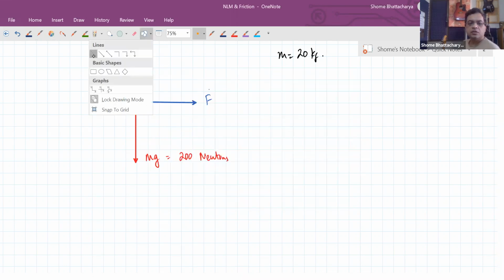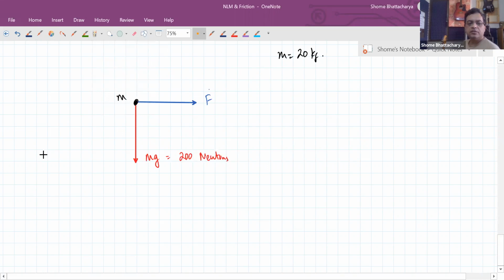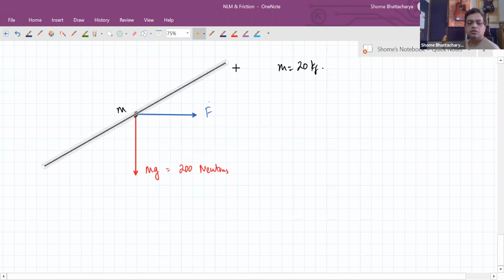Okay. And now the other thing which is there, which will become very significant, is the direction of the normal reaction. So for that, we have to understand this very carefully, that the inclined plane is, let us say, along this axis. Okay. So this inclined plane is at an angle of theta with respect to the horizontal.